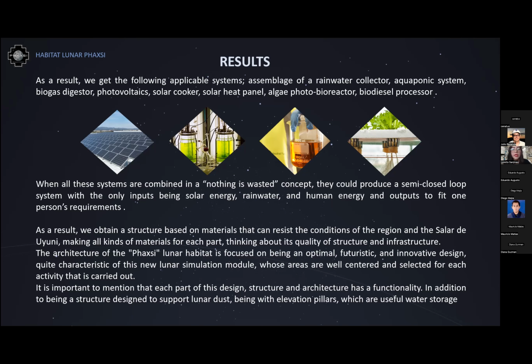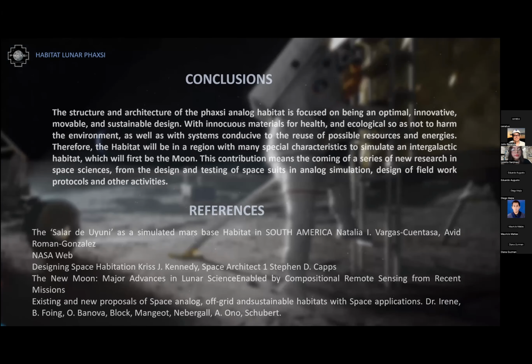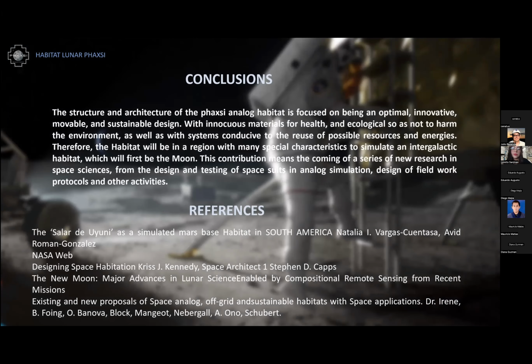About the conclusions, the structure and architecture of the PHAXSI analog habitat is focused on being an optimal, innovative, and sustainable design with materials innocuous for health and ecology, so as not to harm the environment, as well as with systems conducive to the reuse of resources and energies.